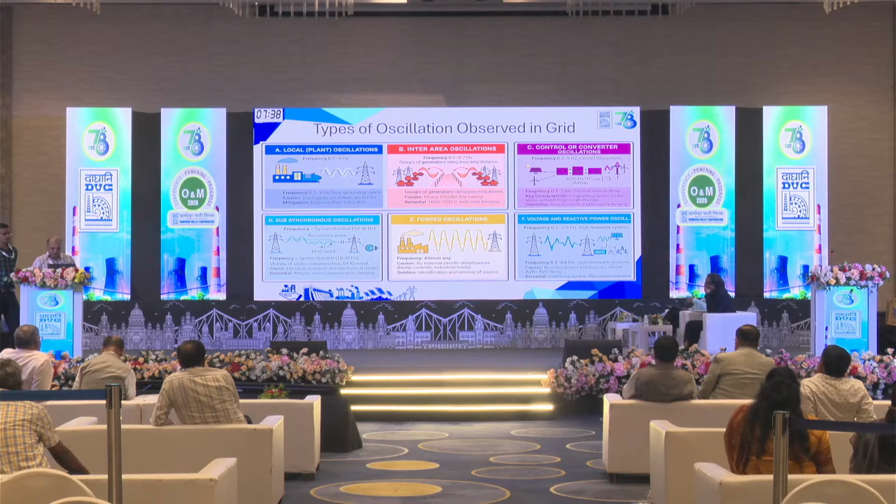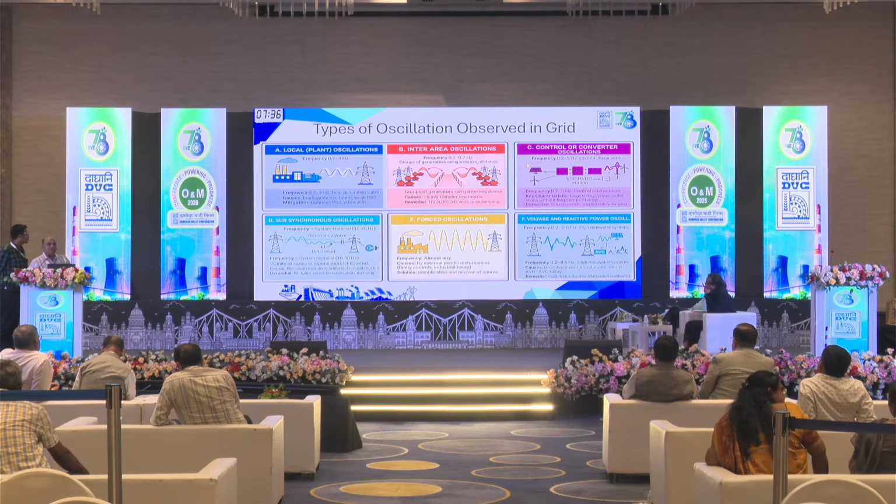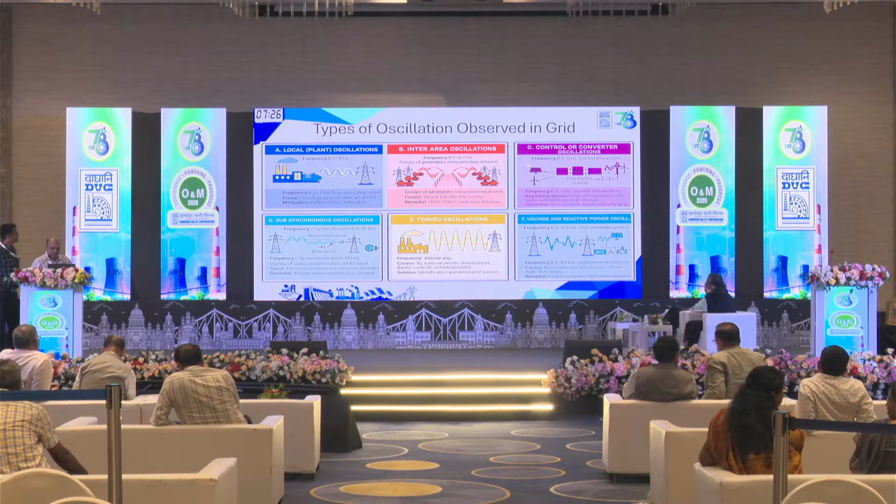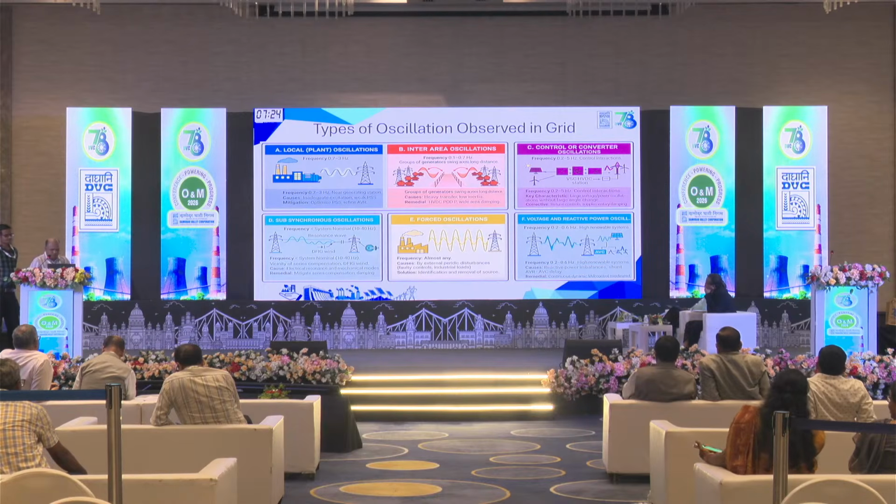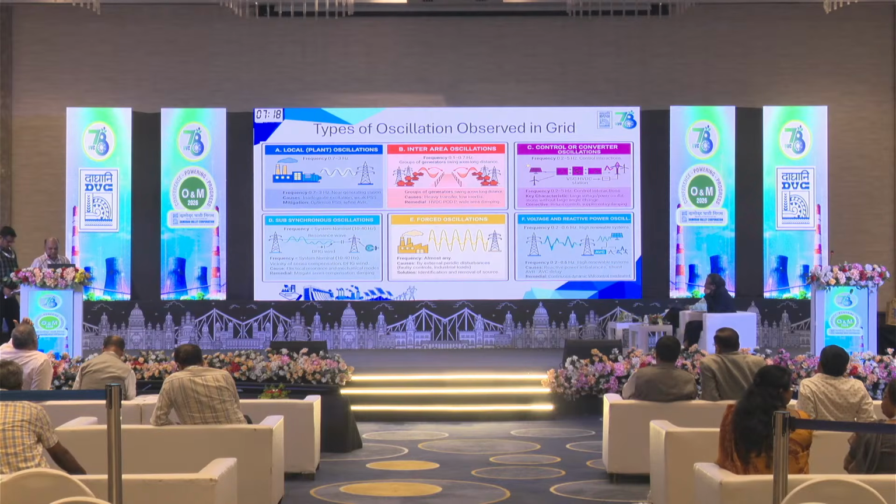There are different types of oscillation observed in grids. The first is local plant oscillation, which occurs at generating stations and is generally associated with excitation or control issues.